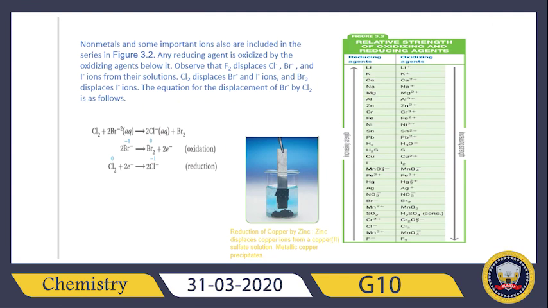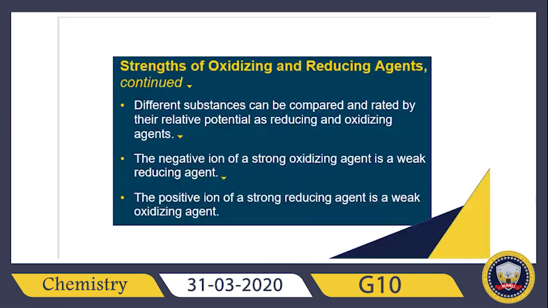So guys, before we discuss this figure, let us move back and explain this slide. Different substances can be compared and rated by their relative potential as reducing and oxidizing agents, as we said. And here, guys, we have an important point.